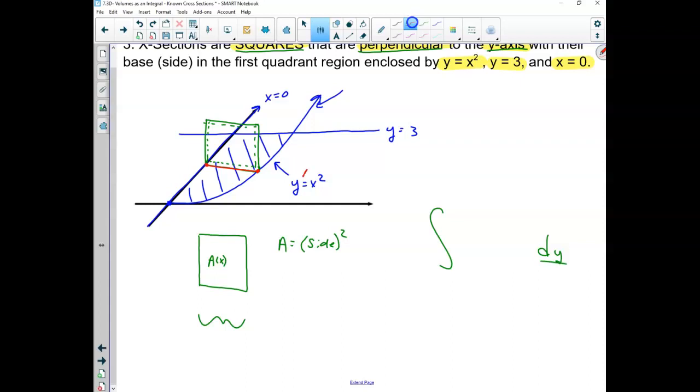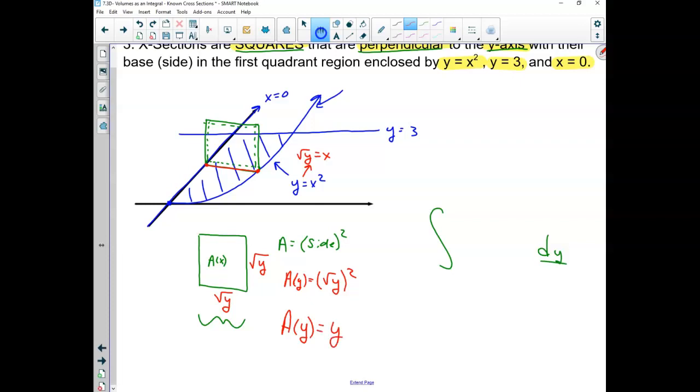So if I took this, square root of y equals x, the length of that side is the square root of y, and because it's a square, my area, not in terms of x, watch it there, Chief, is actually in terms of y, and that's the square root of y squared. So the area function in terms of y equals y.